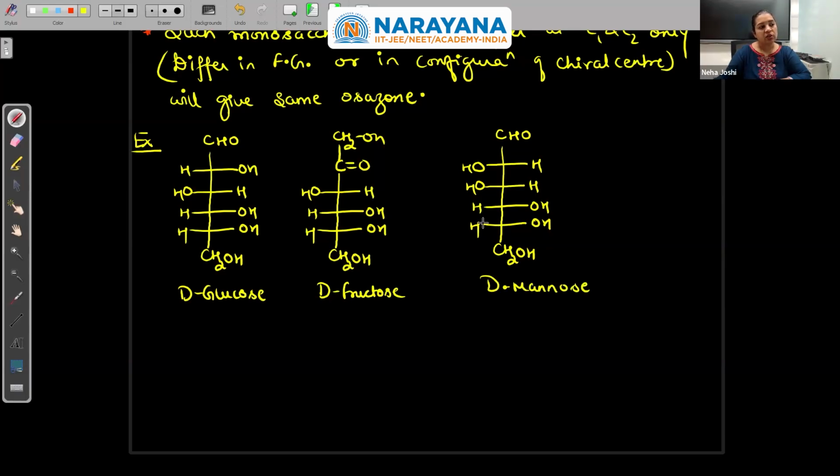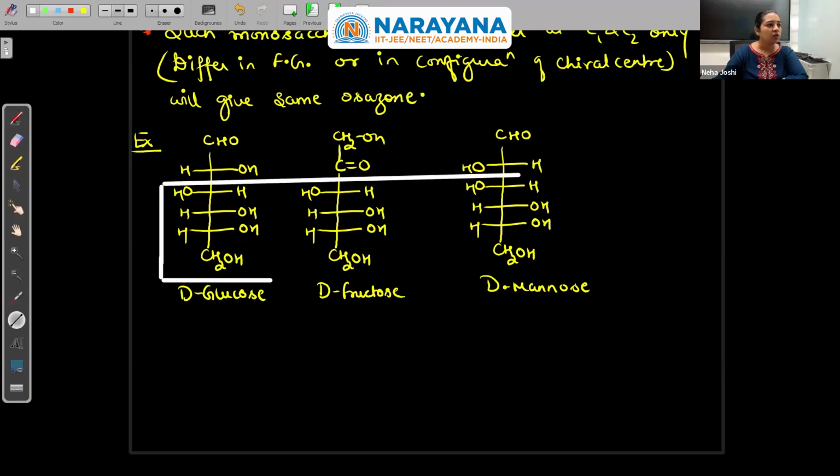Yesterday I mentioned it is D-mannose. Now, if you see what part is the same, if I compare this part of the molecule, just check, it is the same.